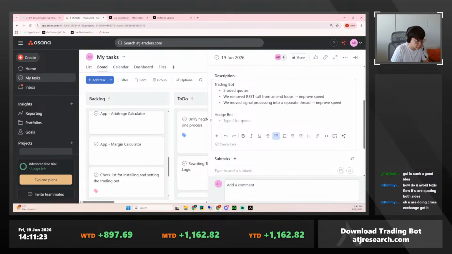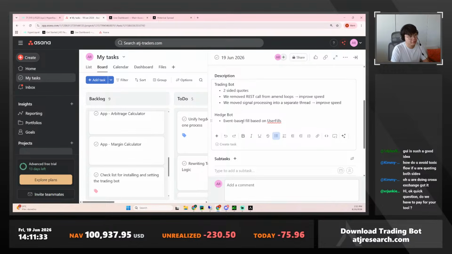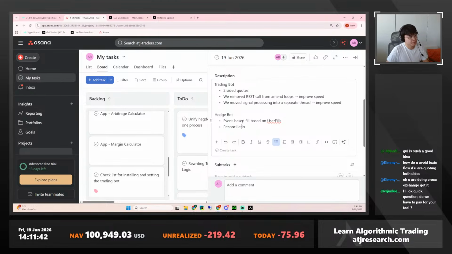He suggested using event-based fills based on user fills on Hyperliquid, which I have implemented. So now it's fully event-based, and it has a control mechanism: a reconciliation every 15 seconds to double check the exposures between the two platforms.